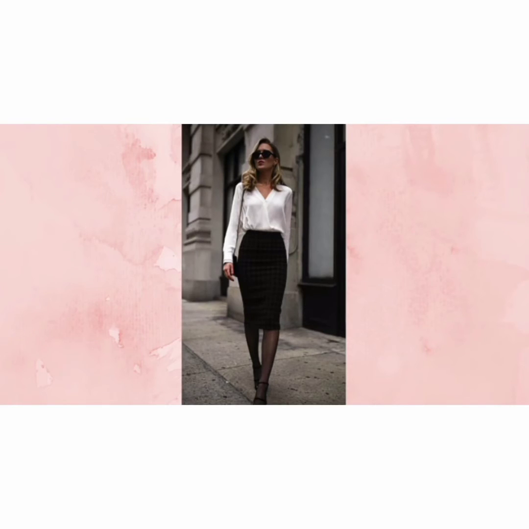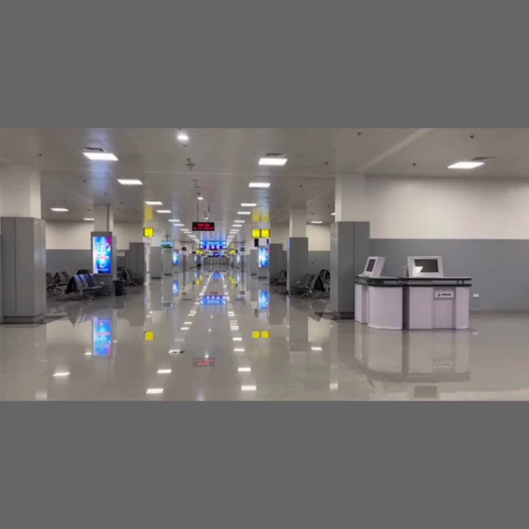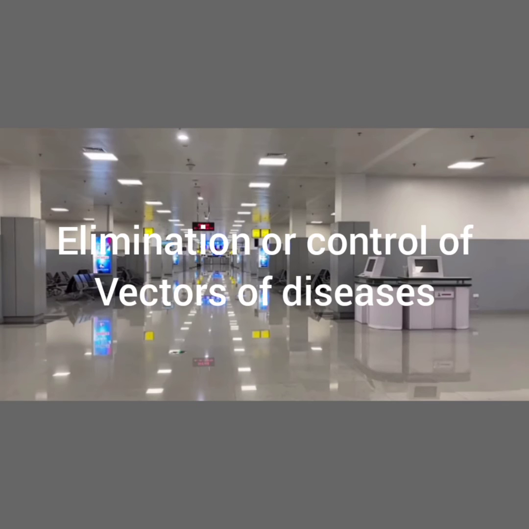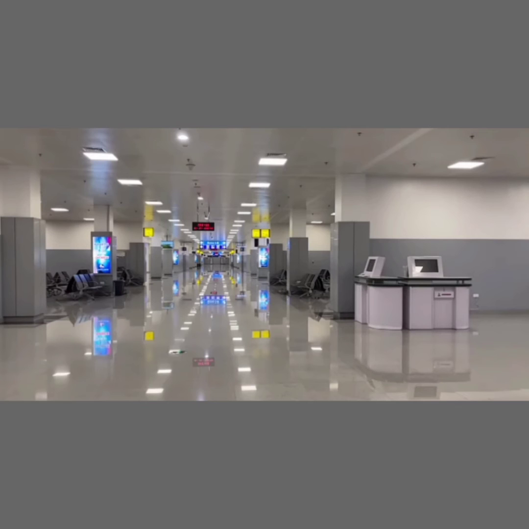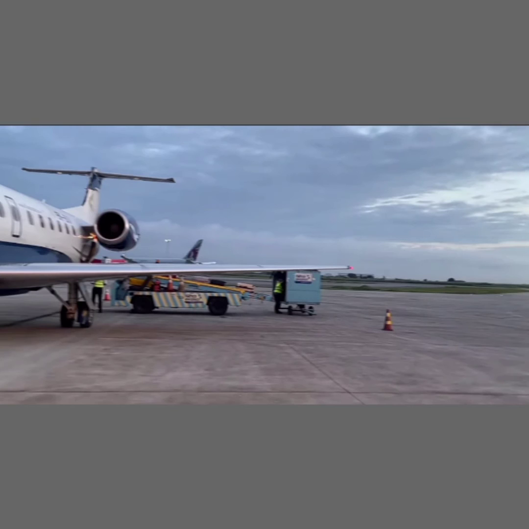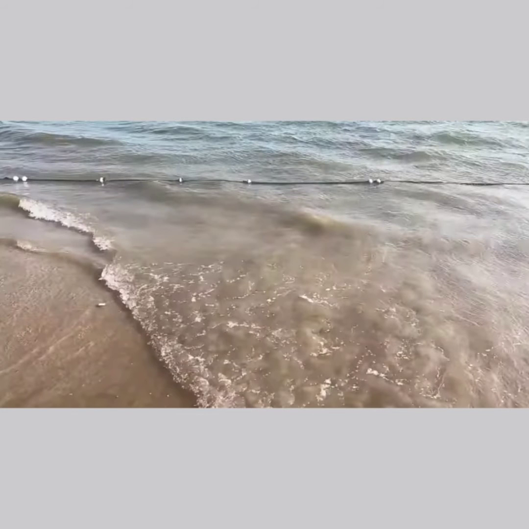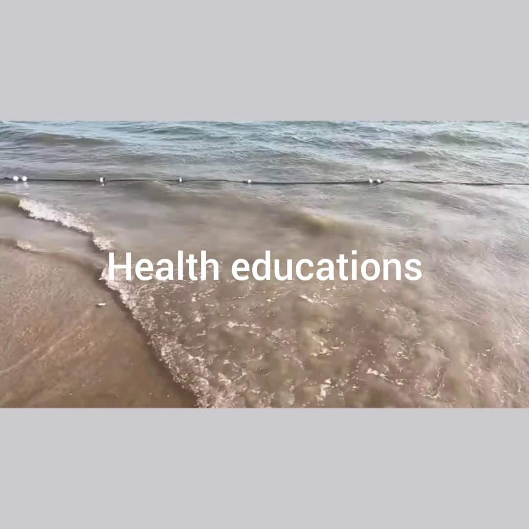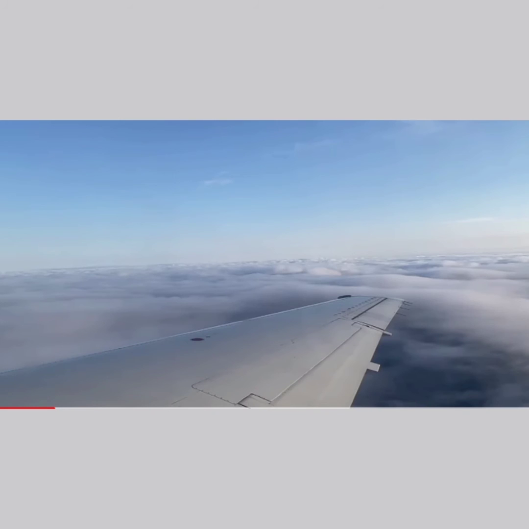The way to interrupt the pathway of transmission is through elimination or control of vectors of disease. We can also interrupt the pathway by educating people. How do we eliminate or control vectors of disease?